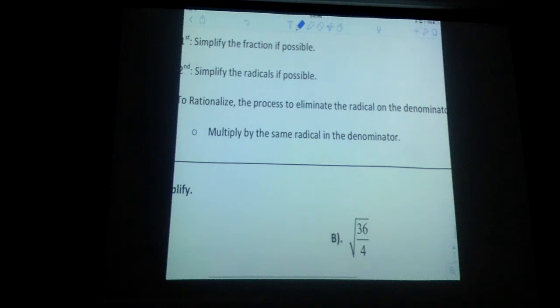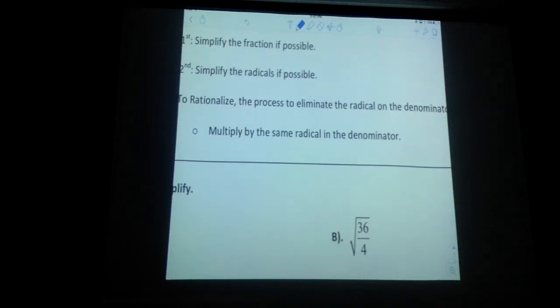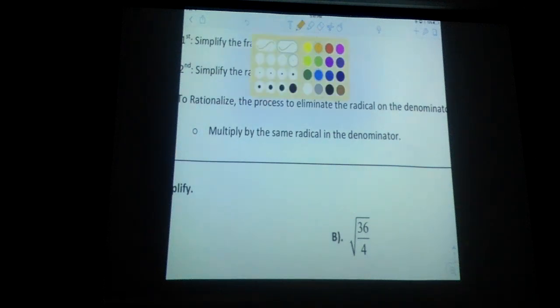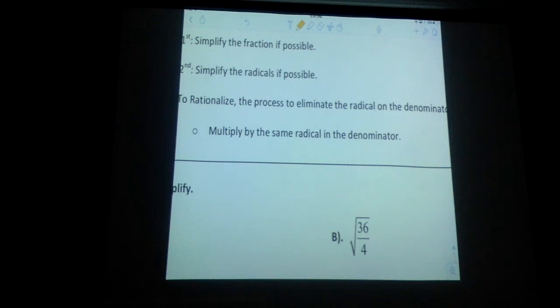You will multiply by the same radical as what is in the denominator. Anytime you look to rationalize, you multiply by the same exact radical as what you find in the denominator. Now, you have to multiply in two different places: in both your numerator as well as denominator.